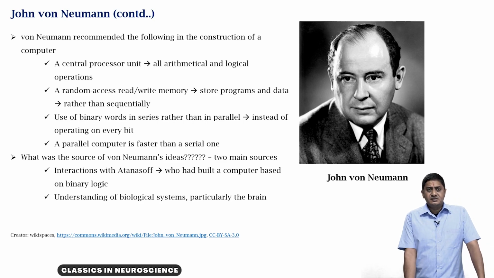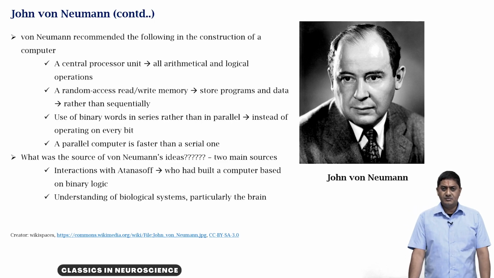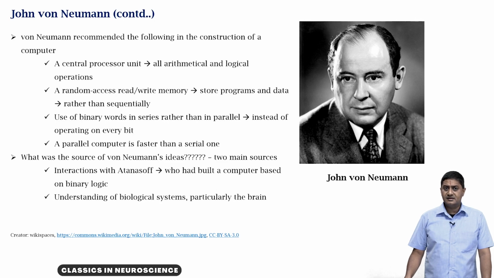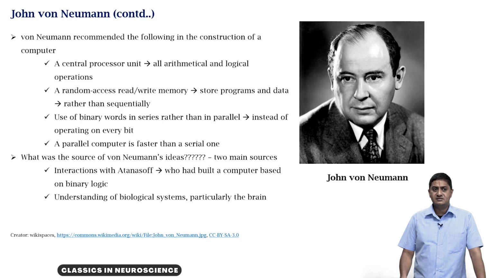He recommended the following things while building a computer. He said there must be a central processing unit which does all the arithmetical and logical operations, and a random access read-write memory that stores programs and data that can be accessed at any time rather than being accessed sequentially.